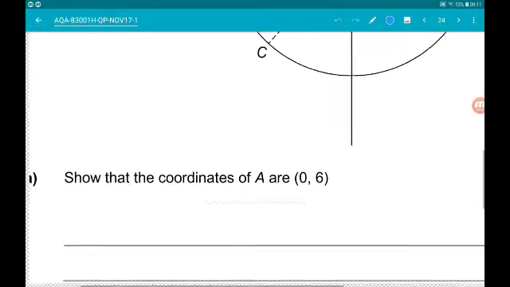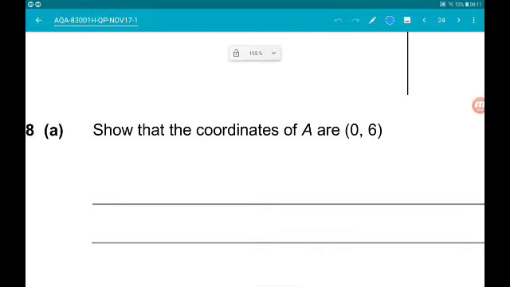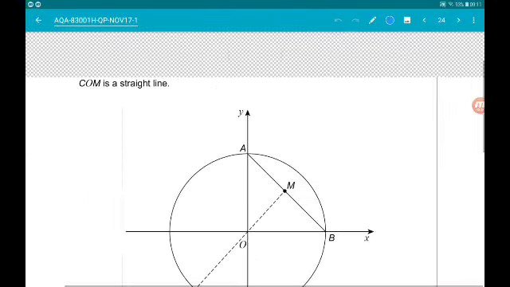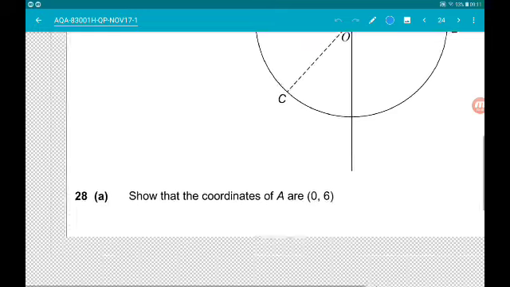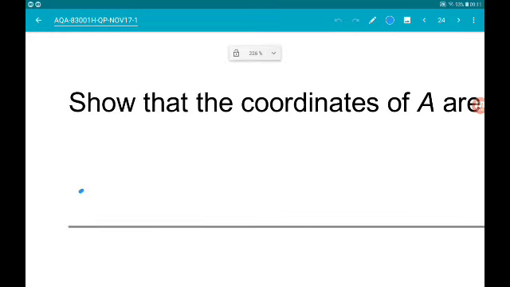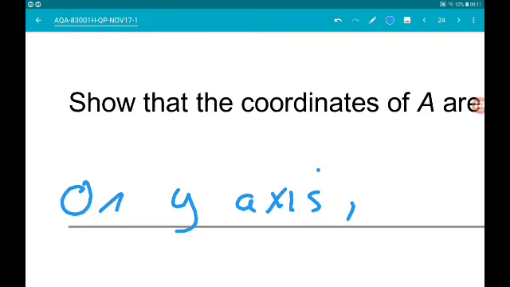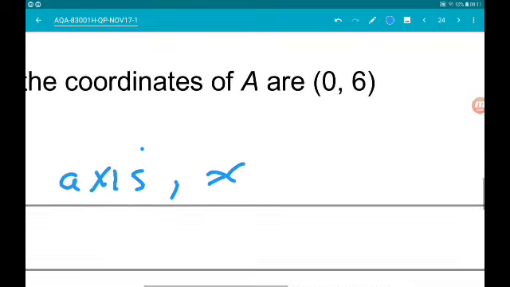So, part A wants us to show that the coordinates of A are 0, 6. So, A is on the y-axis. So, on the y-axis, x is equal to 0.